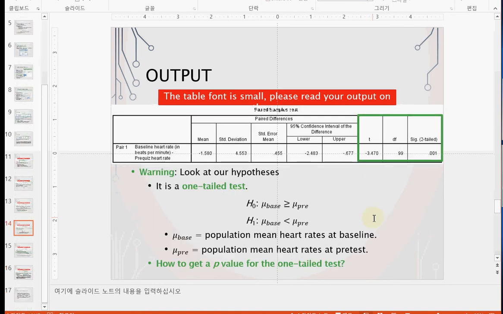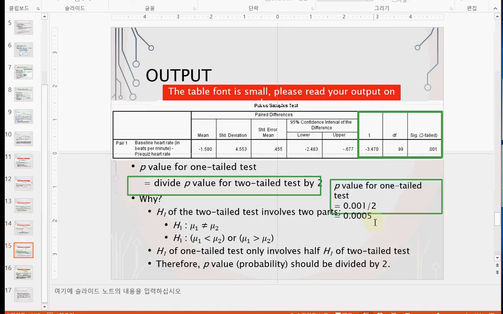To recall our hypothesis, we are testing a one-sided alternative hypothesis, greater than. So it's not appropriate to use the two-tailed p-value, because the two-tailed p-value considers two possibilities, greater than or less than. In this case, we should divide the current p-value by 2.